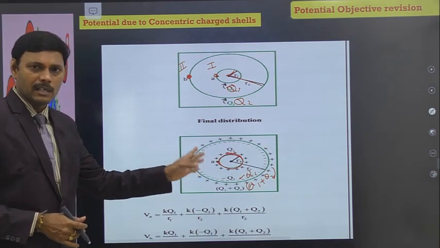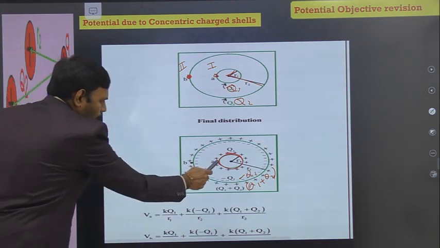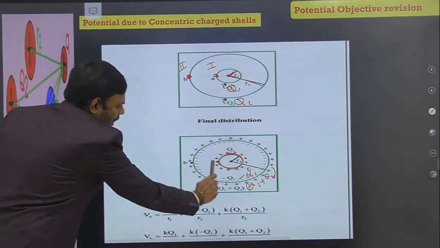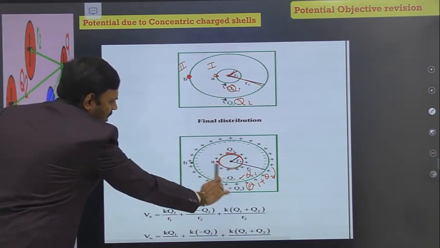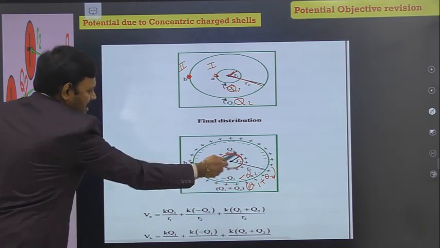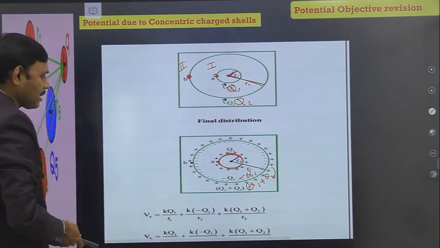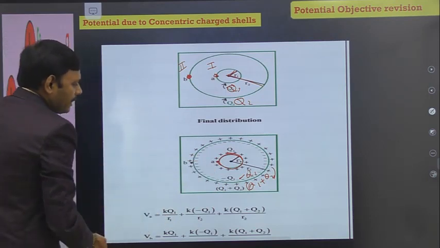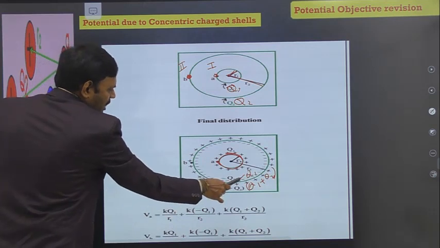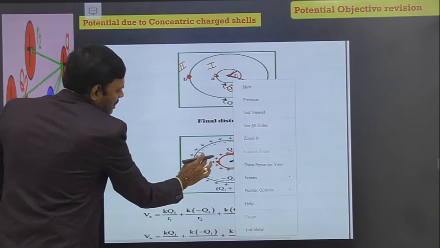Very important for IIT and JEE Main examinations. Potential at point A due to the inner charged spherical shell is, as already discussed, kQ1 by r1, where k is 1 by 4 pi epsilon naught, on its surface. Next, due to the induced charge minus Q1, point A is an inside point.